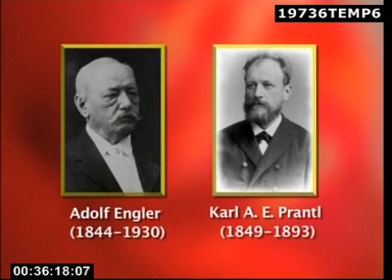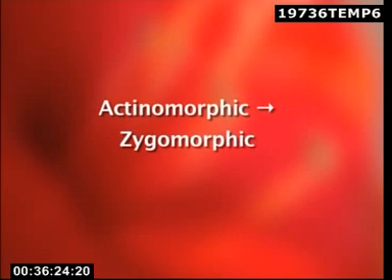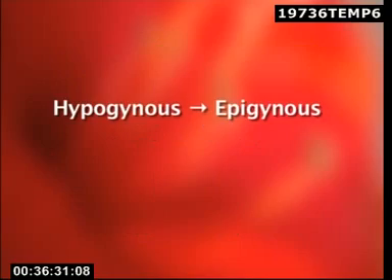The evolutionary trends as suggested by Engler and Prantl are as under: apetalous to polypetalous to sympetalous, actinomorphic to zygomorphic, unisexual to bisexual, hypogynous to epigynous.